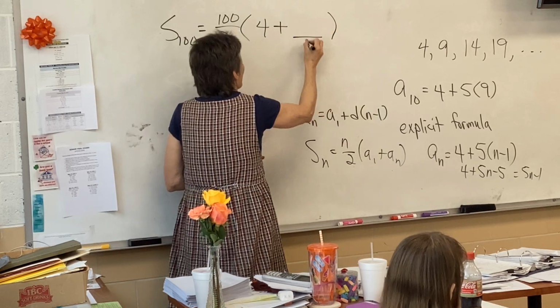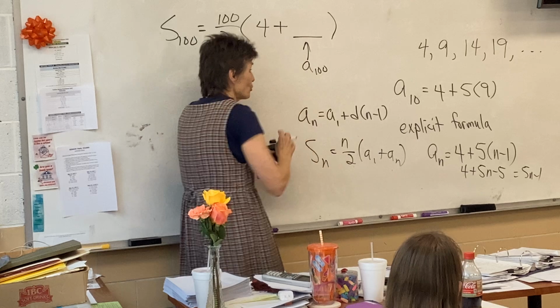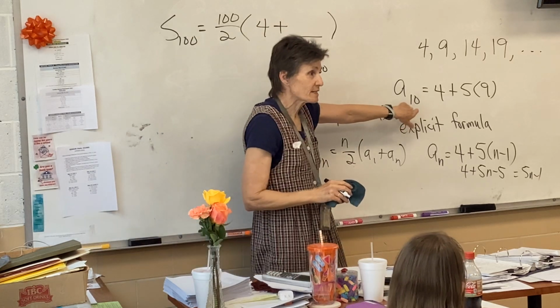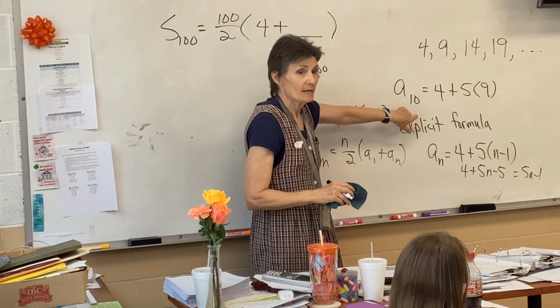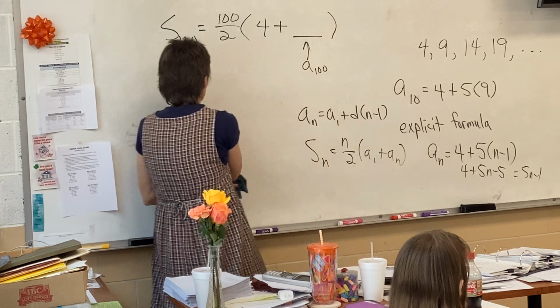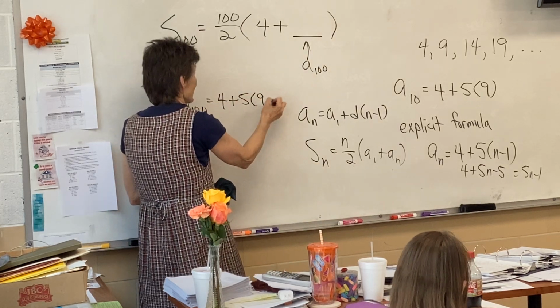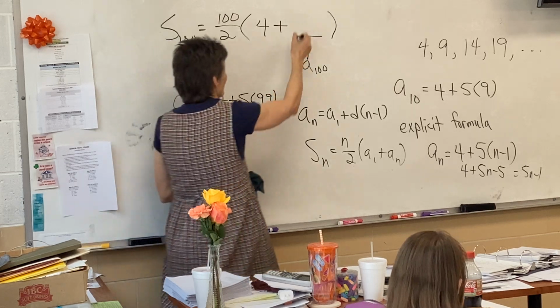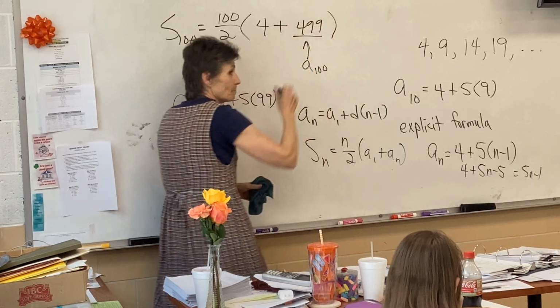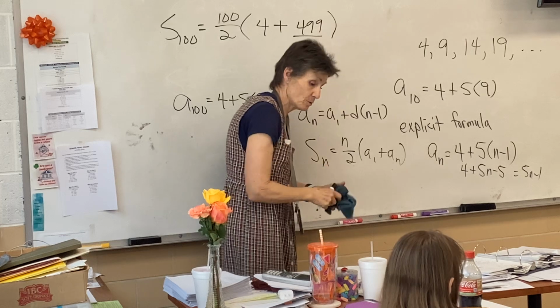I gotta find the 100th term. So I do what I just did, except it's 100. That's 4 plus 5 times 99, 499. Couldn't you just do the explicit formula too? You could, absolutely.